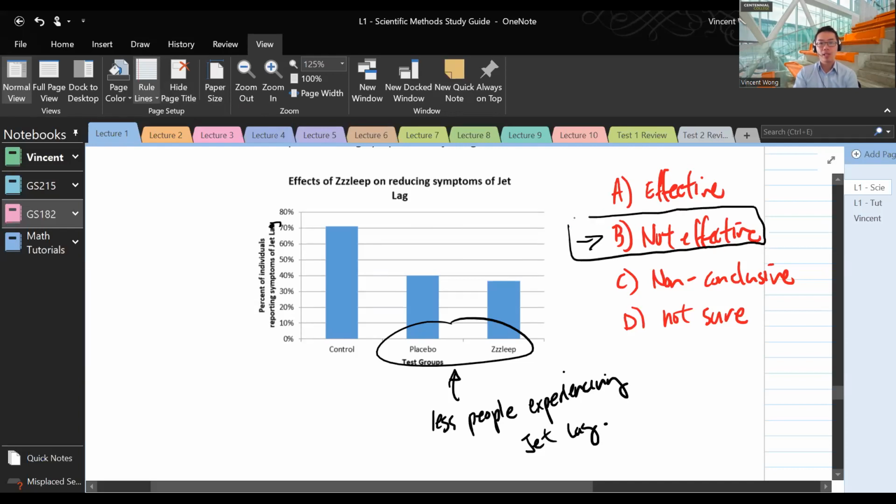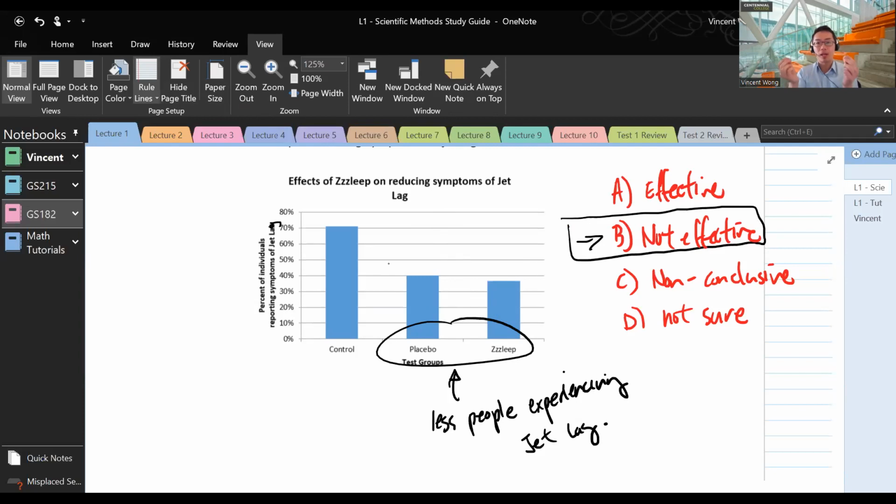And how do you know it does not work? Well, because the treatment group performed in the same manner as the placebo group, which means it doesn't matter if you're taking a candy or if you're taking the actual drug.